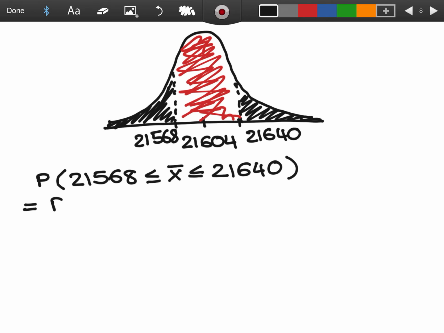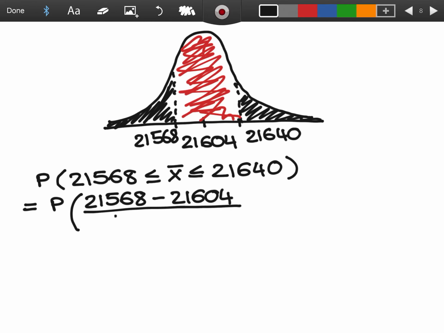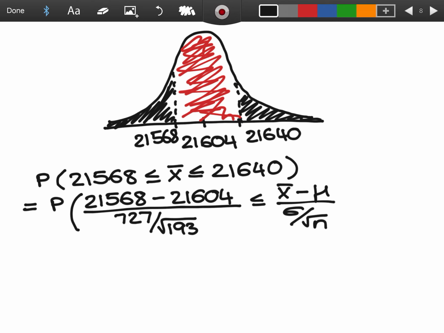Okay, I'm going to do my z transformation here. So I've got the probability of 21,568 minus the mean divided by the standard deviation of 727 over the square root of the sample size, which is 193. I'm going to run out of space here, so I'll do this down here.